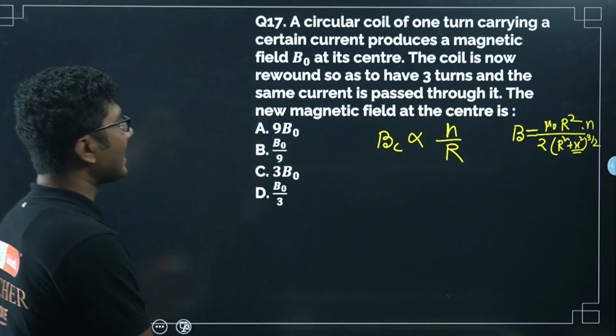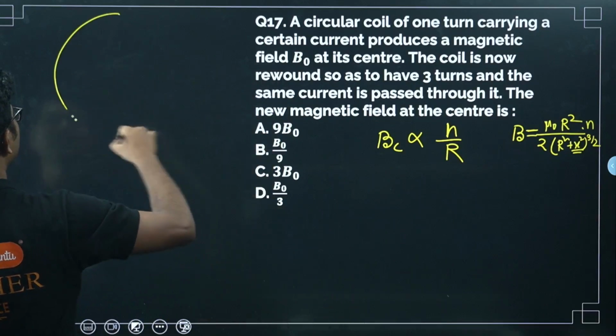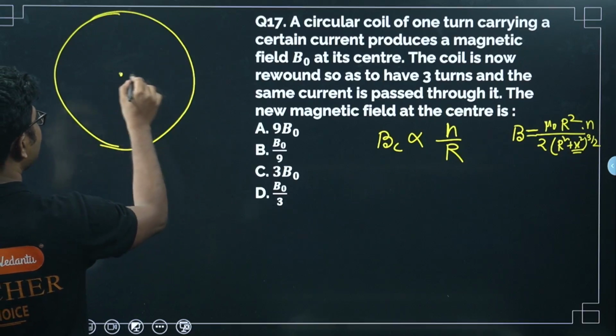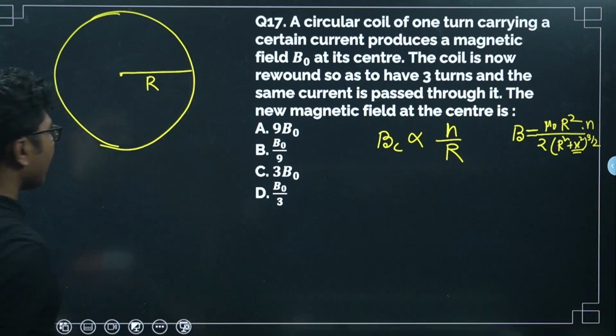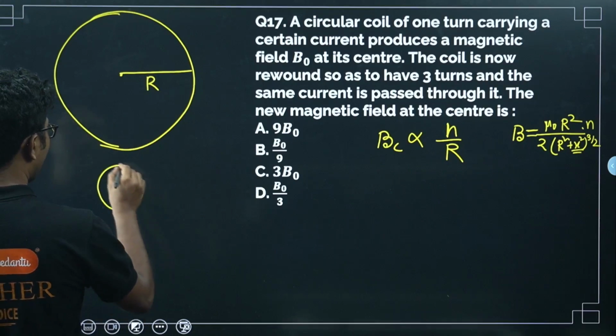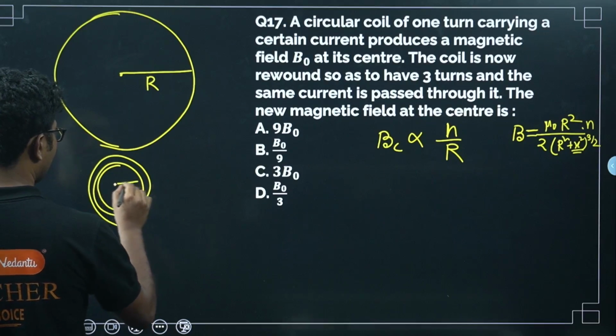Now what is happening is that initially the wire was only a single turn, and suppose the radius in this case was capital R. Now you wound that wire to 3 turns, so now the radius is small r.